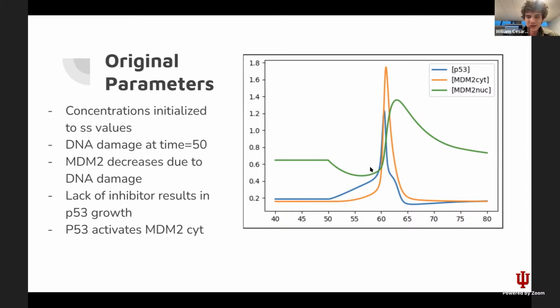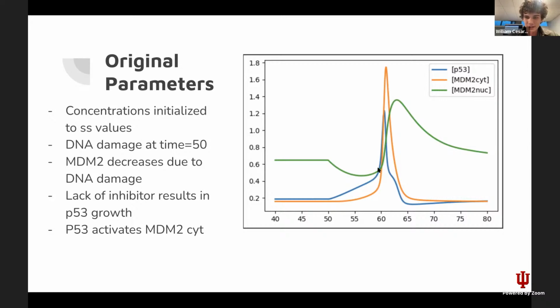This P53 increase in blue will result in MDM2 being produced, and this production of MDM2 in the cytoplasm will eventually peak and start to decrease as it starts to sift into the nucleus.